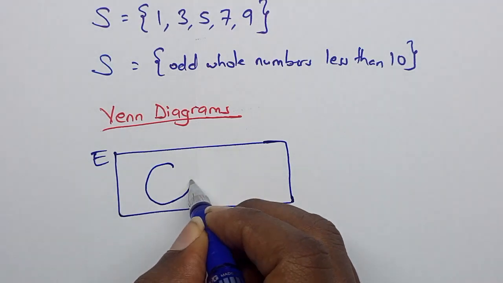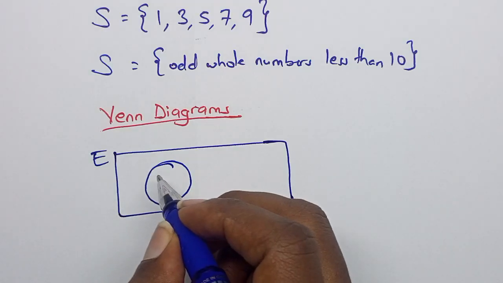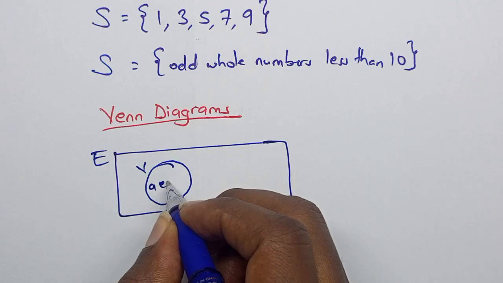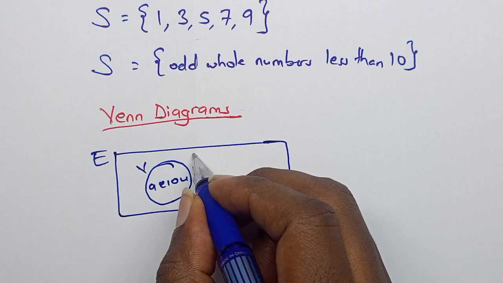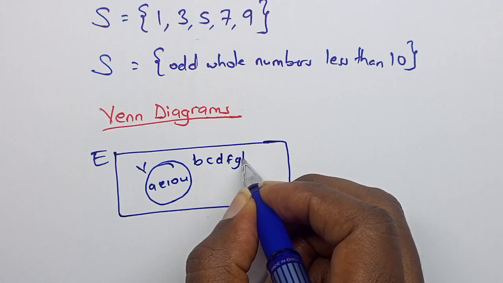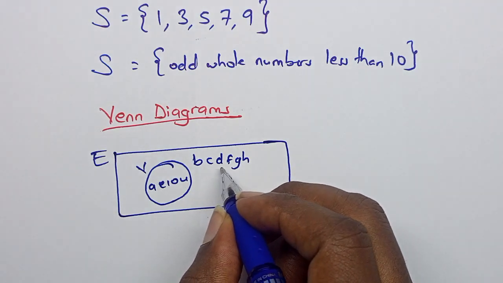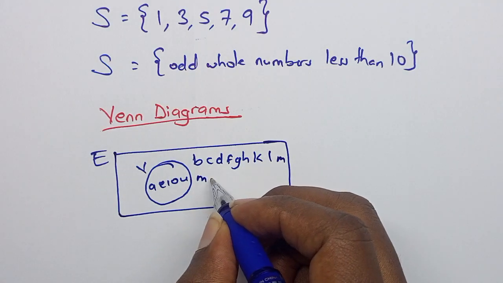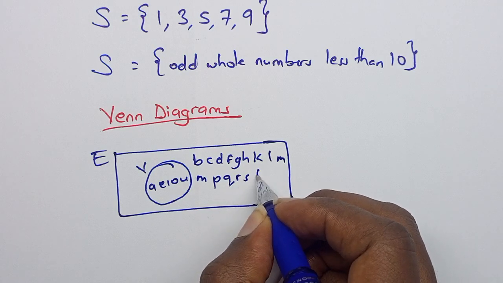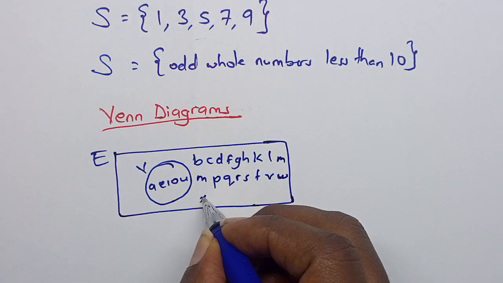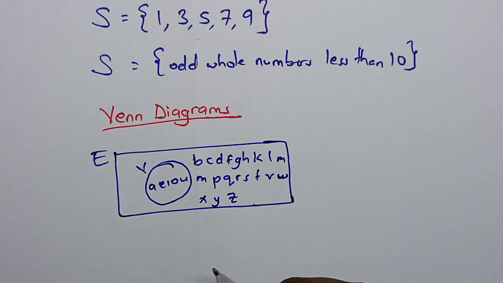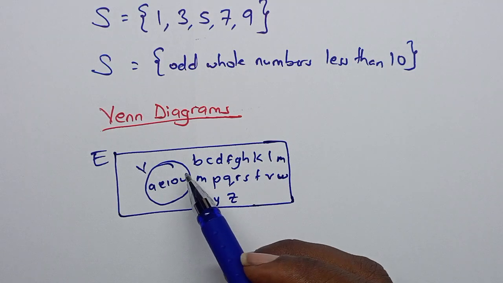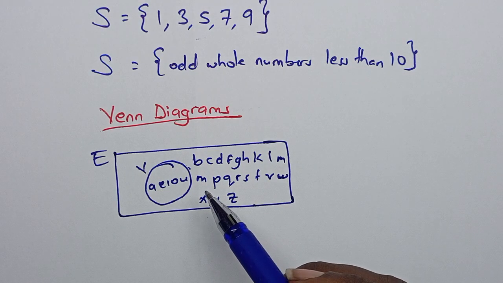Now, if you have another set within here, for example, let it be A, E, O, U. Then here we have B, C, D, F, G, H, K, L, M, N, P, Q, R, S, T, V, W, X, Y, Z. Now, for example, V is a set of vowels, and this set of vowels is within the universal set.